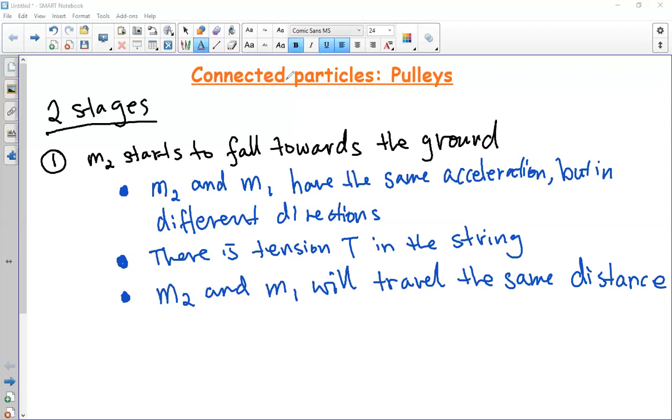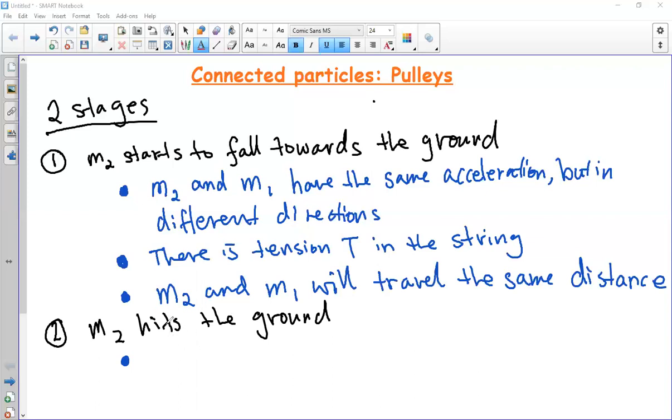Right, stage 2. Stage 2 is when M2 hits the ground. When M2 hits the ground, there's nothing we need to do for M2 now because it's on the ground.